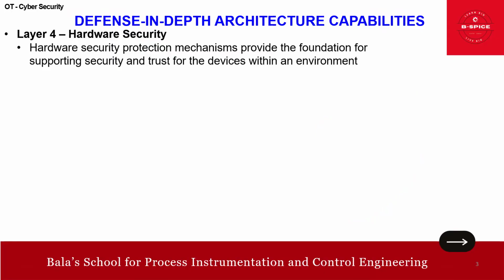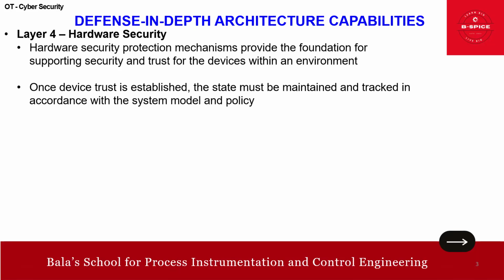Hardware security protection mechanisms provide the foundation for supporting security and trust for the devices within an environment. Once the device trust is established, the state must be maintained and tracked in accordance with the system model and policies.